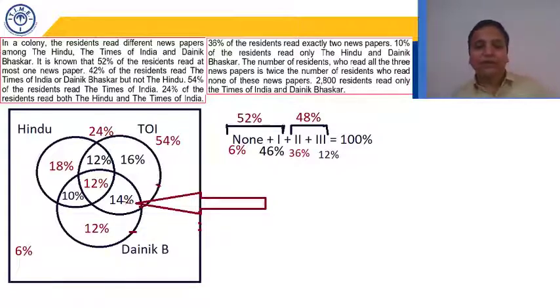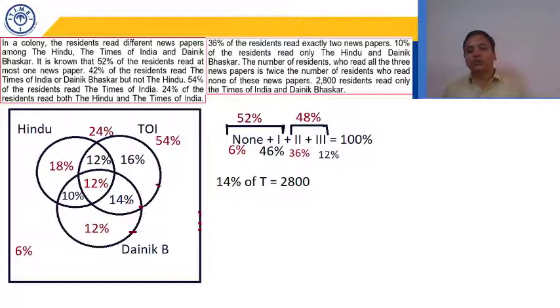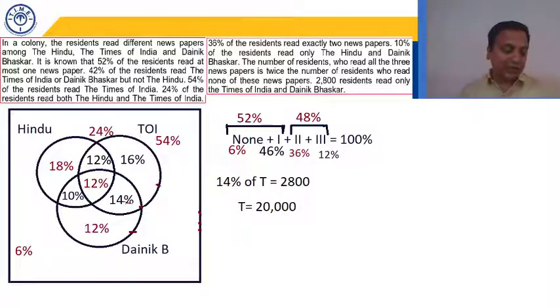So we can safely say 14% of total is 2800. 14 upon 100 of total is equal to 2800. Total comes out to be 20,000. That means all these percentages are to be calculated on a base value of 20,000.